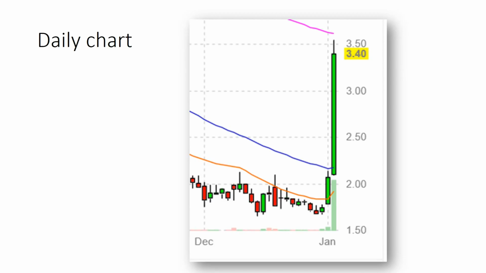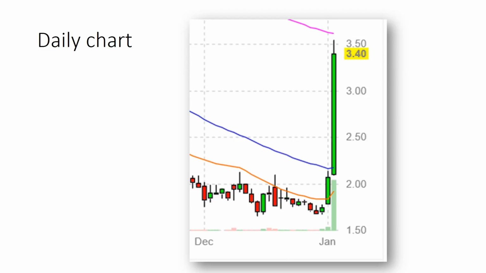So this is a daily chart, and each of these candlesticks represents one day. So you can see for the most of December, the range was in between $1.50 and $2. All the opening close prices were, looks like they were in between $2 and about $1.70-ish.